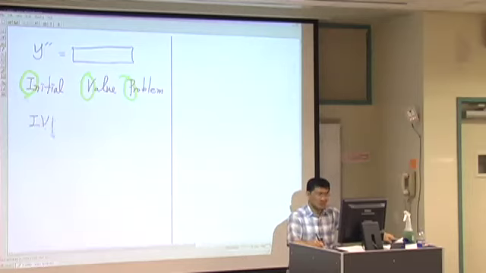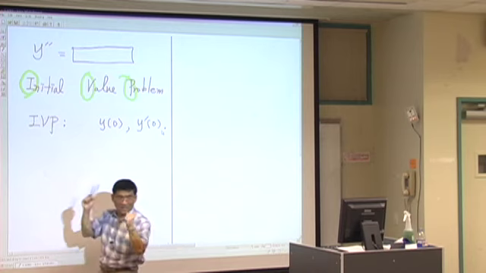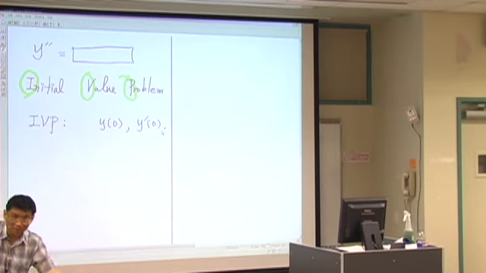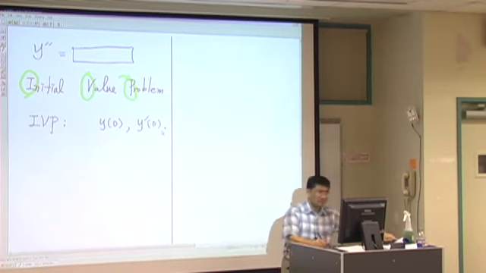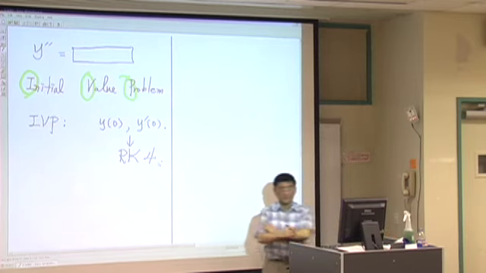Assume that initial values are given. Then, first of all, what is the initial condition? Something like this, or generally time 0. I will use just 0 to make it easy. Instead of using too many letters, I just use this. So when these kinds of things are given, the differential equation is called an initial value problem. And this kind of thing can be solved by RK4. So it's not very tough.